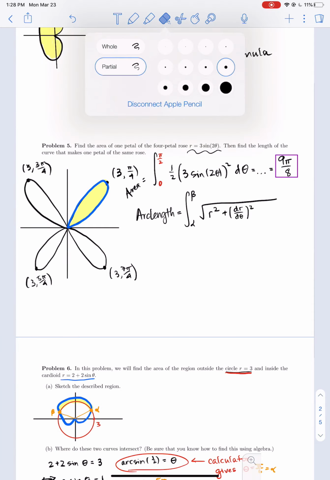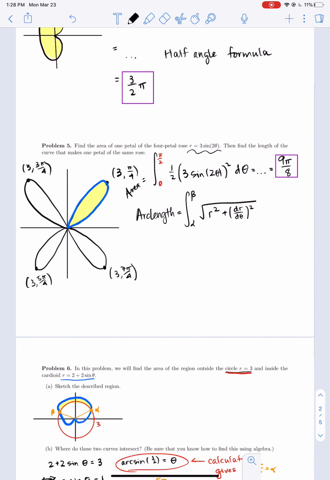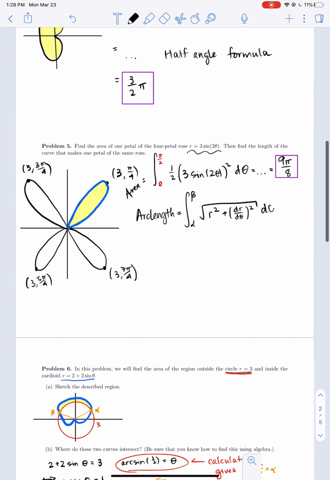So again, that was derived back in section 10.3, and we are integrating that expression with respect to theta.